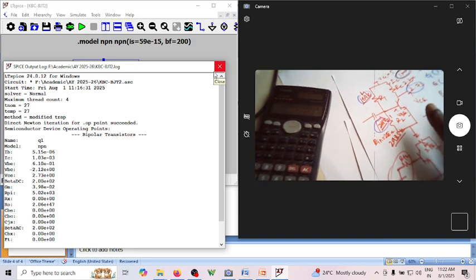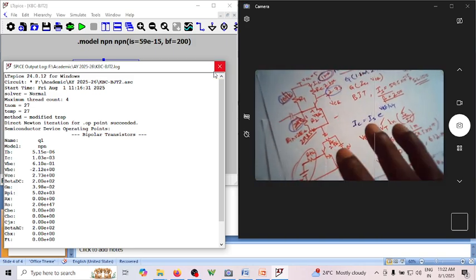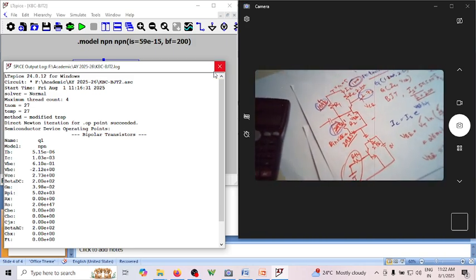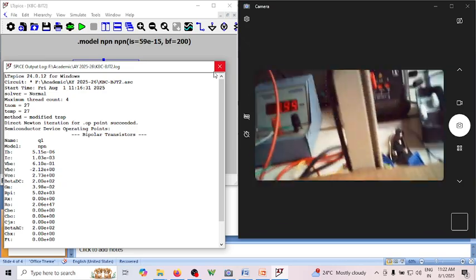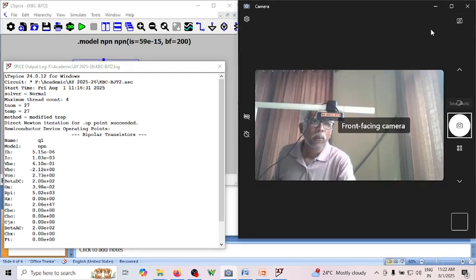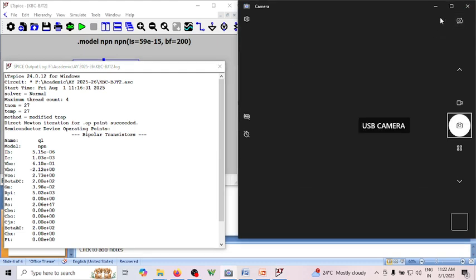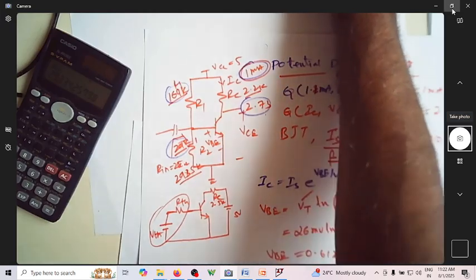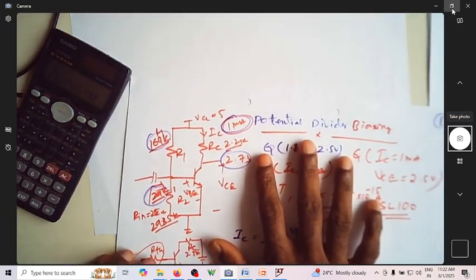This is the exact design of the potential divider, which is very easy. So what is it that we assumed? Let me just go back here. Let me make a recap of this usage of potential dividers.